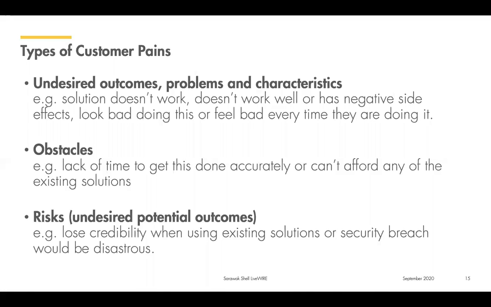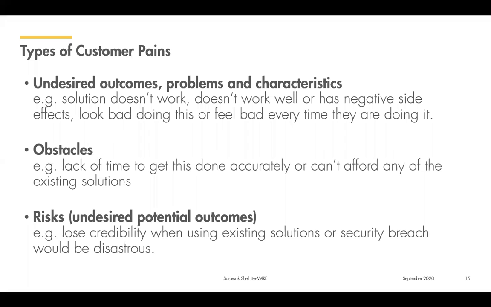Risks, on the other hand, describe what potentially could happen, like I said earlier. So some of the risks are losing credibility when using certain solutions. That means that what they are currently using may not make them look professional in an office setting, for example. Or with beauty products, they might have breakouts and all that.